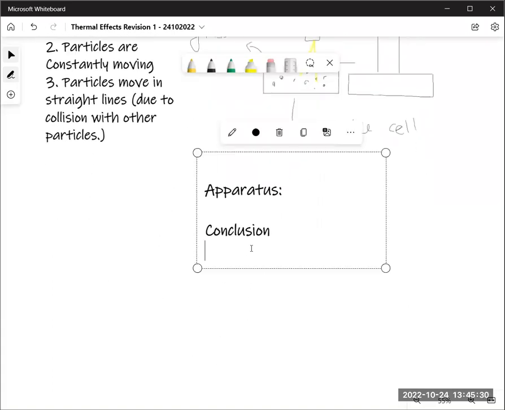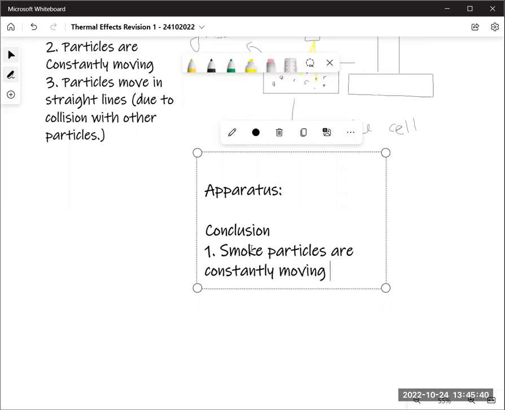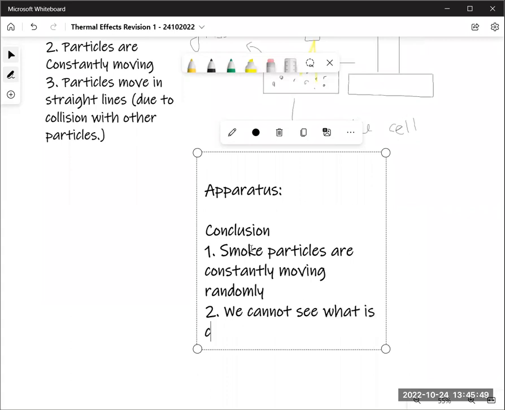The conclusion is, smoke particles are constantly moving randomly. We cannot say what is causing motion.